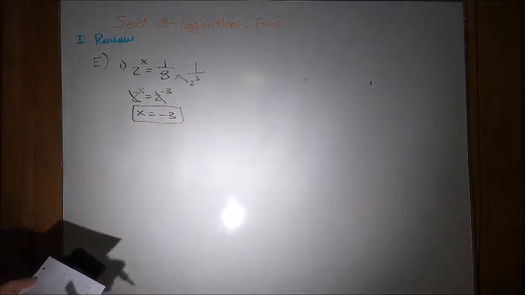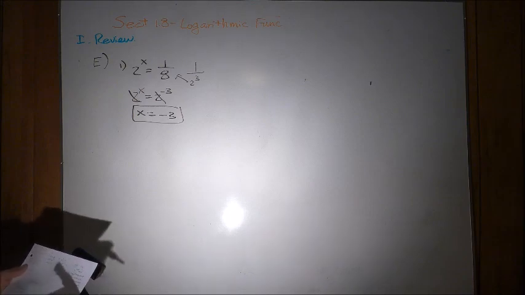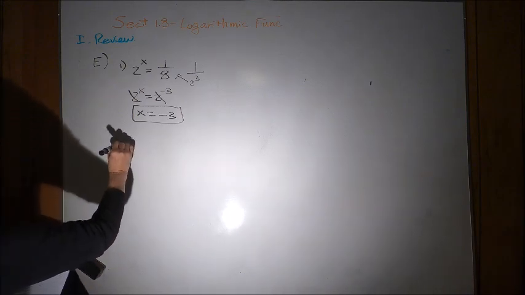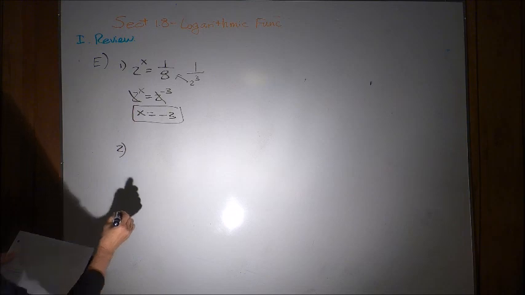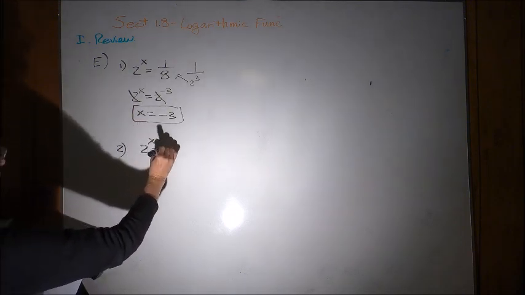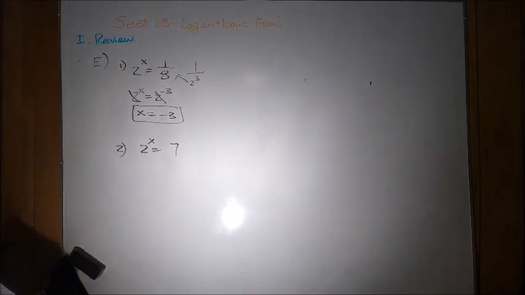That's how we solve an exponential equation. We can use the same base. However, what happened, like this one? One is 2, one is 7. We cannot make the base the same. Then we need to borrow the new skill we learned from the log.